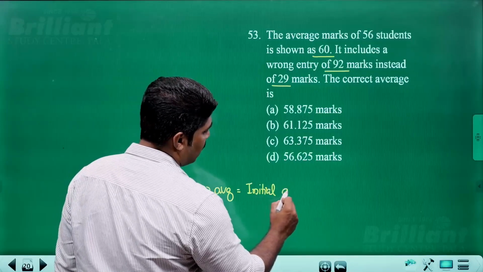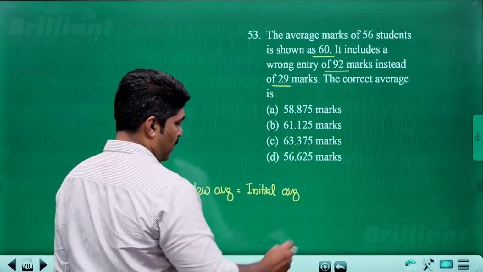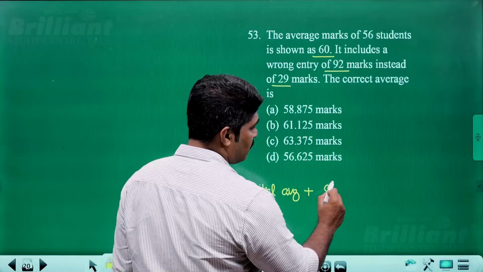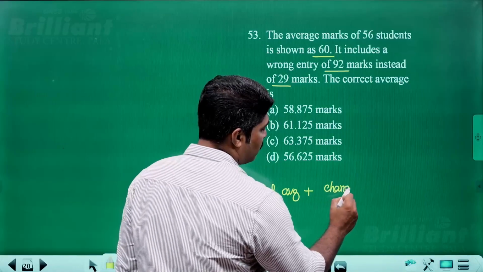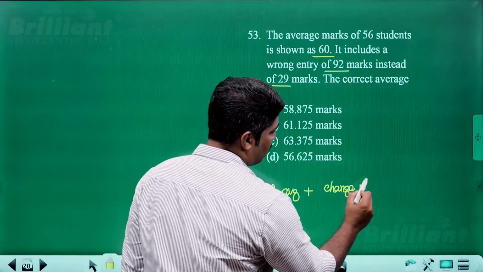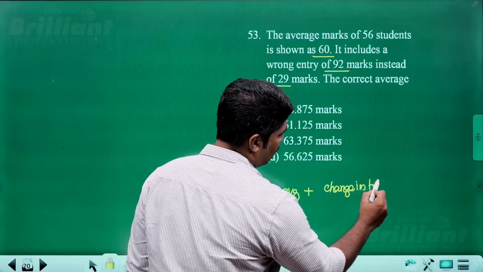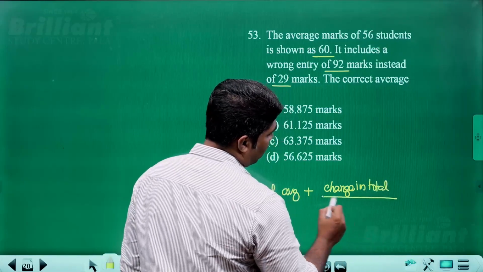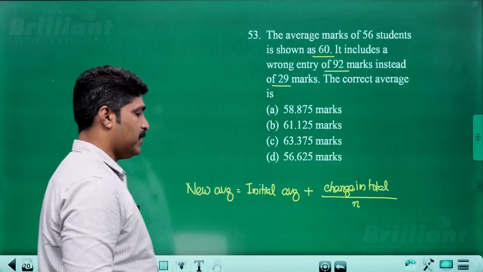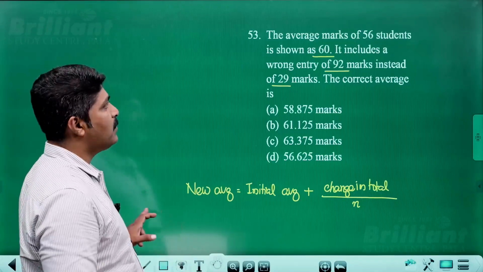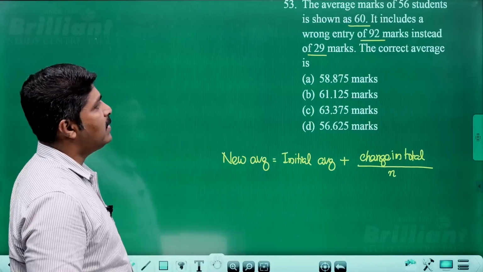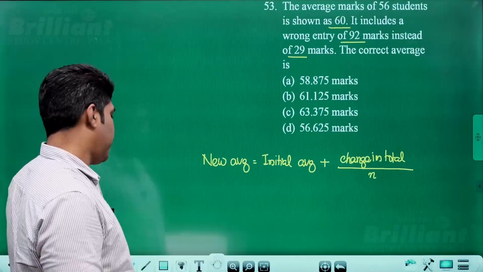New average equals initial average plus change in total divided by number of observations. How can we apply this result here? What is the initial average here?